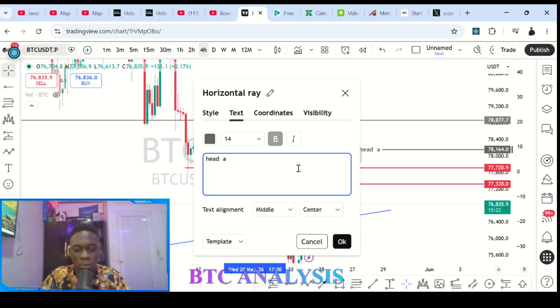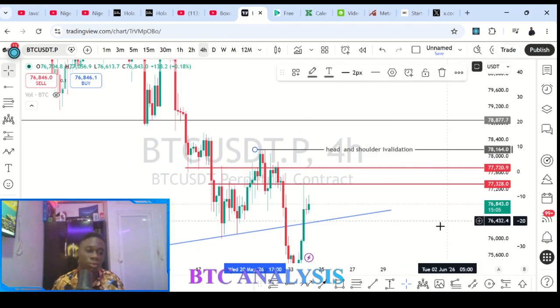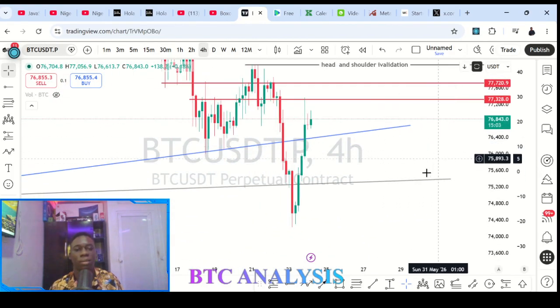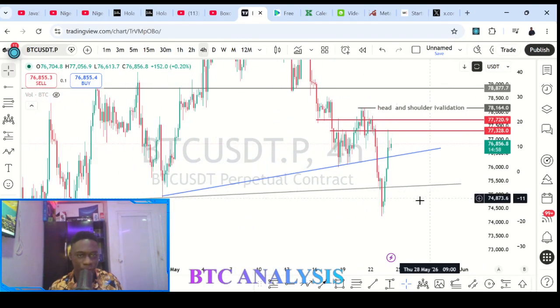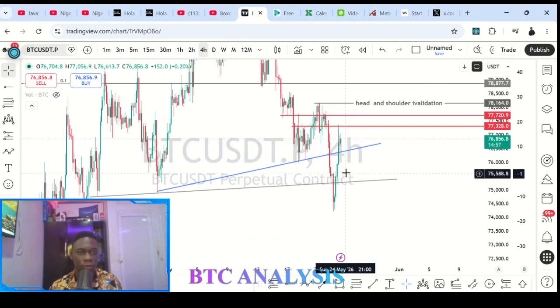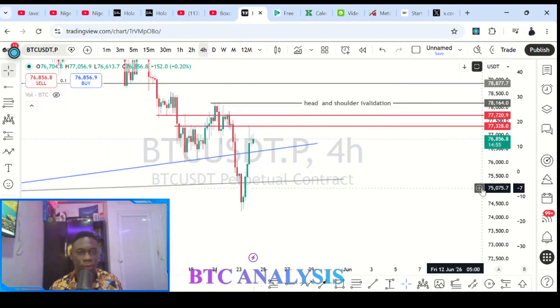Sorry. Invalidation. That is where, if it takes out, we can then talk about the head and shoulder being invalidated. So we now know what to expect.